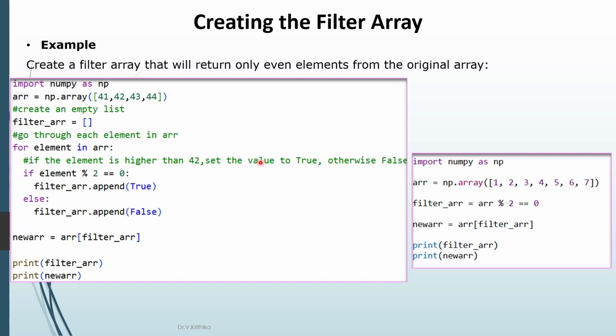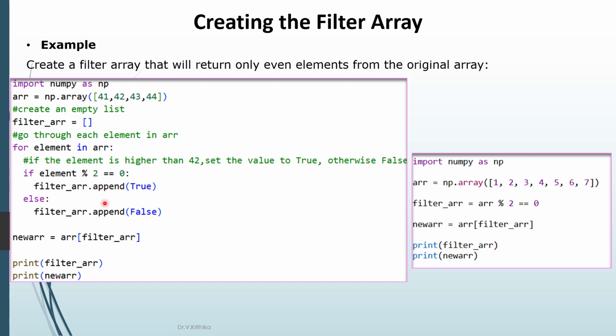This is another example of creating the filtered array, or how to filter the array. Same 41, 42, 43, 44 is done here. The difference between the previous condition and this condition is that we create this with percentage 2, a small change, meaning we try to have the even elements alone.